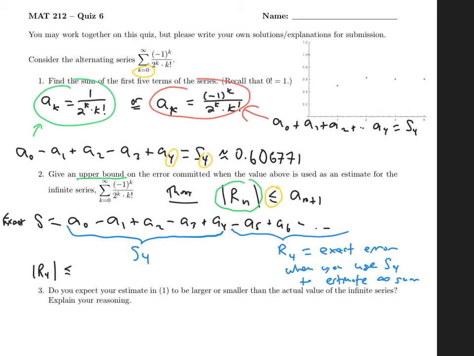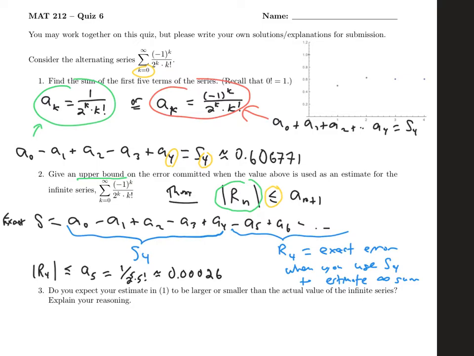is no more than, less than or equal to, A5. So A5 is just literally this formula with k equals 5. So 1 over 2 to the 5th times 5 factorial, which is approximately 0.00026.